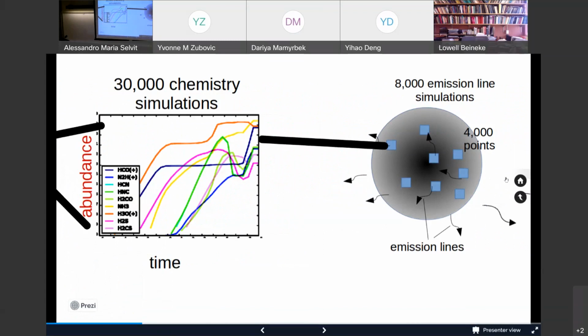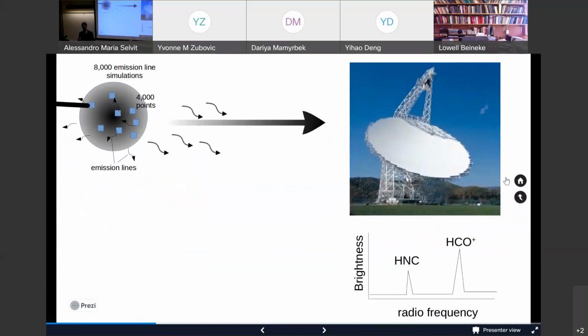So that takes the chemistry, the molecules that exist all the way through the dense clump, and then it simulates what radio light those molecules would produce and how effectively they would leave the dense clump. After doing that, we simulate in total how that radio light would reach Earth, and we end up with a single prediction of which molecular emission lines we would expect to detect from such a dense clump.